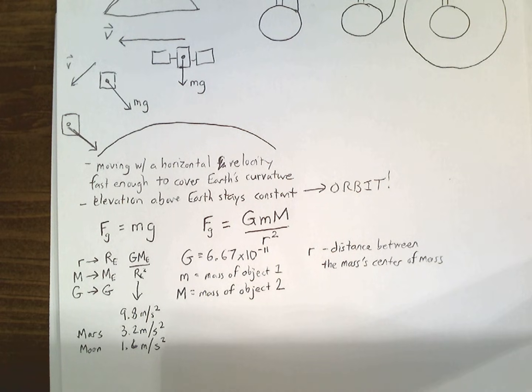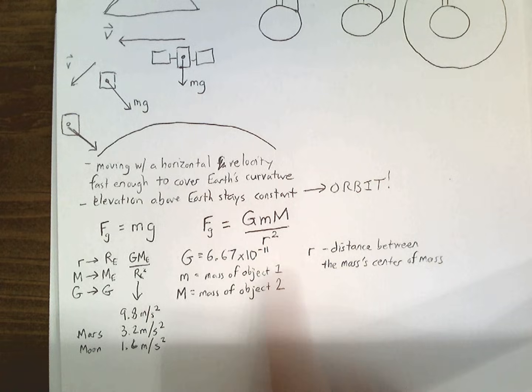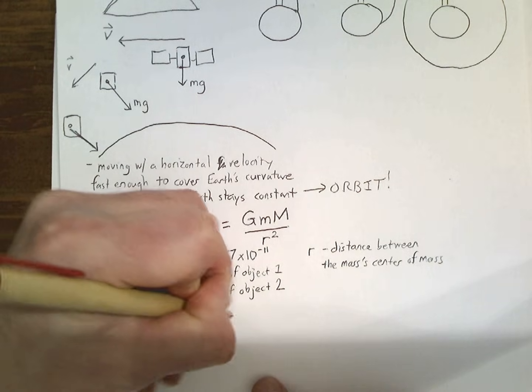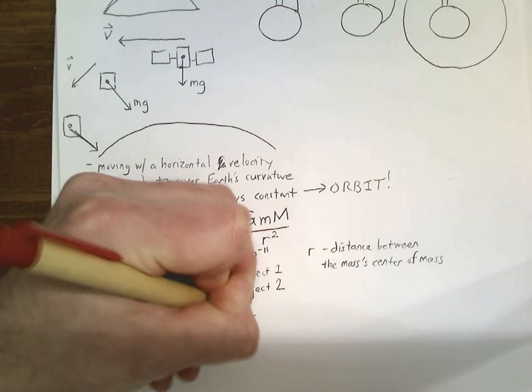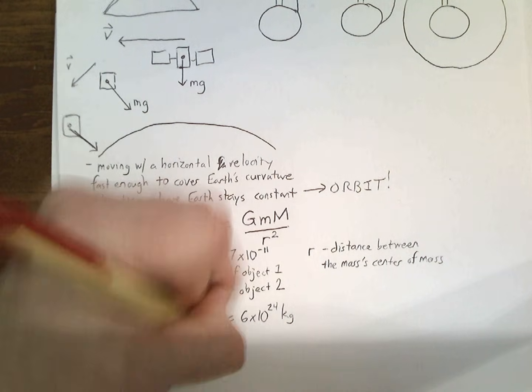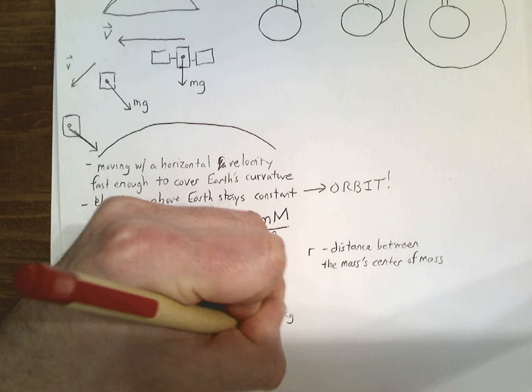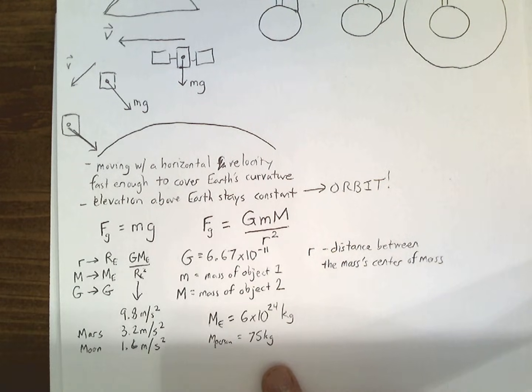The reason that the gravity we feel every day feels so oppressive, for lack of a better word, is that the Earth has a lot of mass. You can get over this 10 to the minus 11 when the mass of the Earth is something like 6 times 10 to the 24 kilograms. If the average person is only about 75 kilograms, that's 7.5 times 10 to the 1.